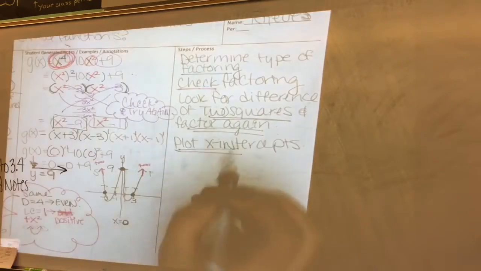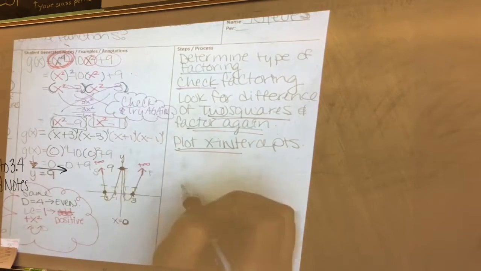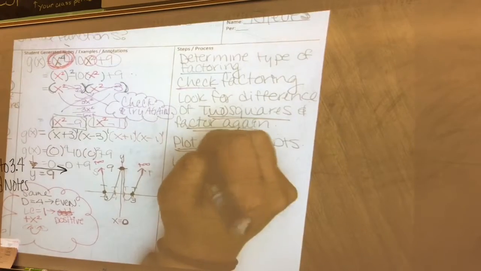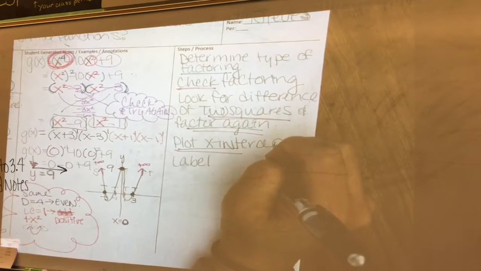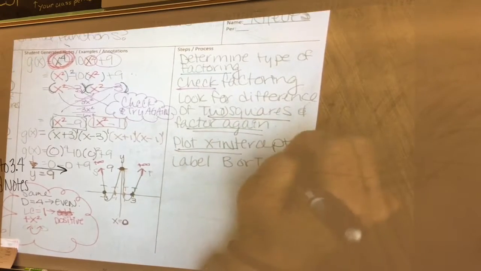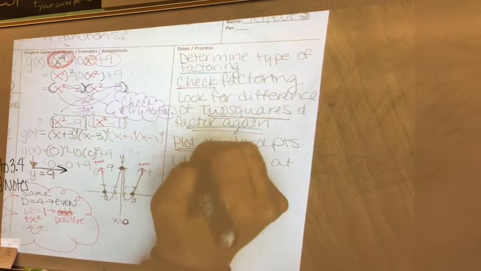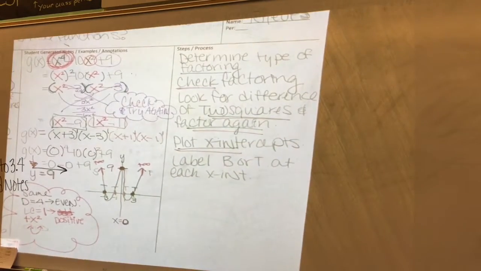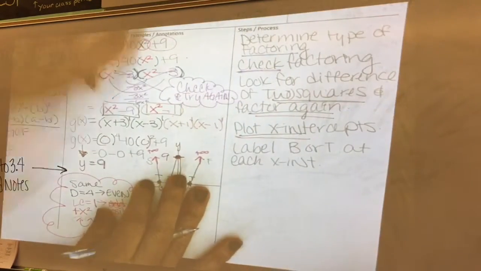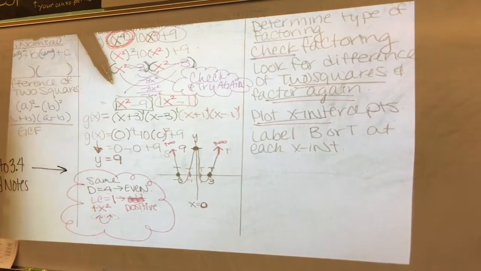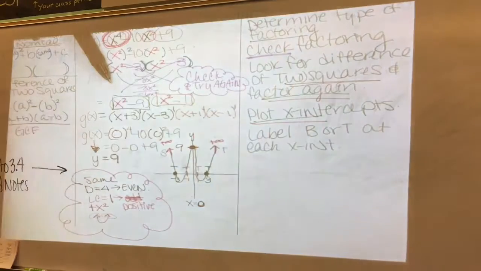Okay, and then I labeled the behavior through each intercept. Label, I'm going to put B or T at each x-intercept, and I'm going to abbreviate it this time. Okay, so over here I want to remind myself, okay, B equals bounce.